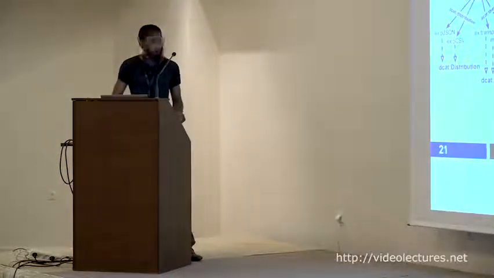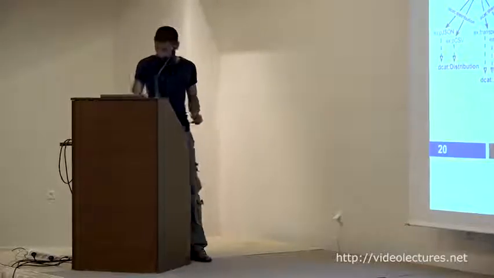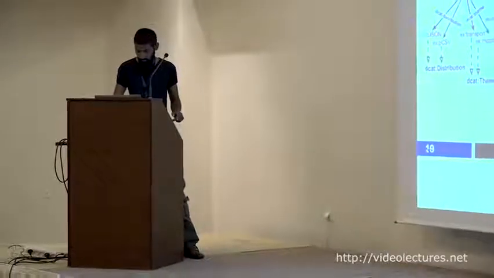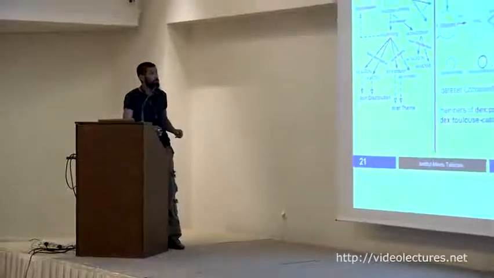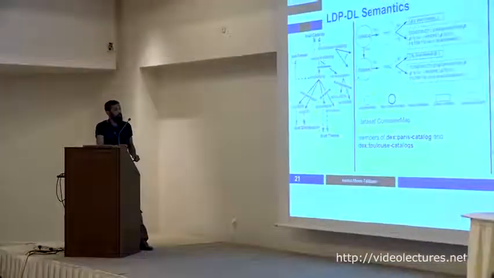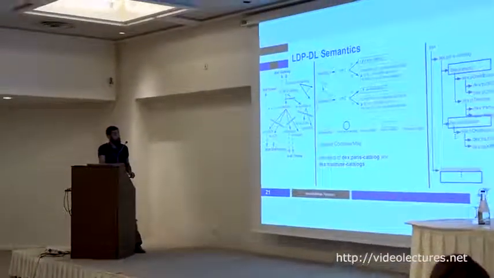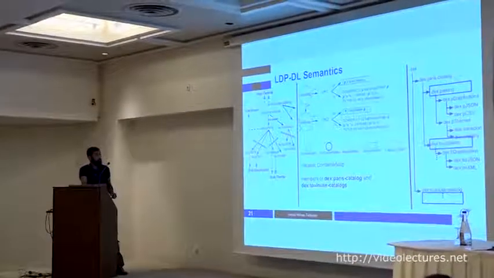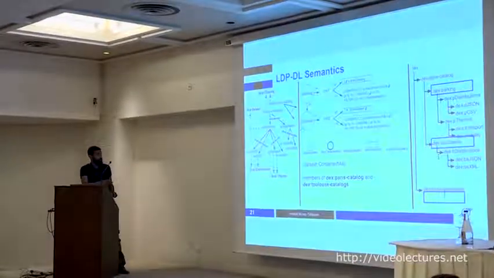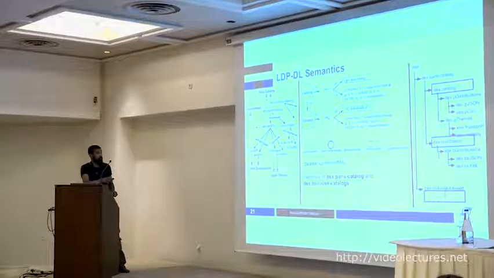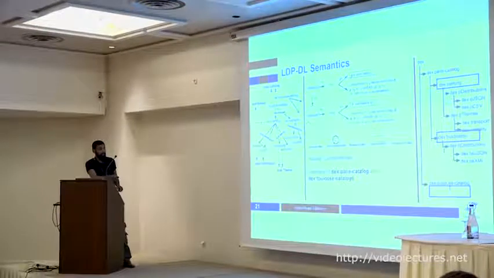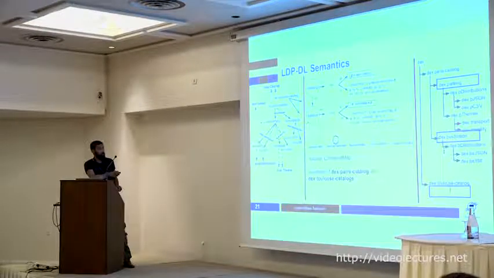So now suppose that for the members of Paris catalog, we want these members to describe data sets of Paris catalog, because remember that this LDP resource here describes this resource, so we want the members to describe its data sets.